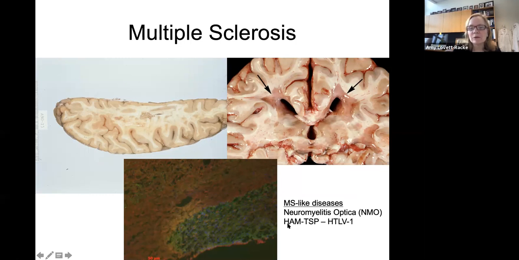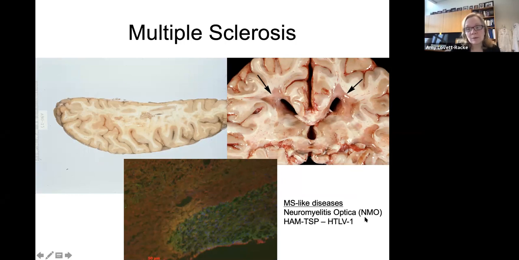This was a group of people that had an HTLV1 infection, which is a retrovirus in the HIV family of viruses. It was called HTLV1 associated myelopathy or tropical spastic paraparesis. These patients developed this inflammatory demyelinating disease that looked very much like MS, pathologically indistinguishable.